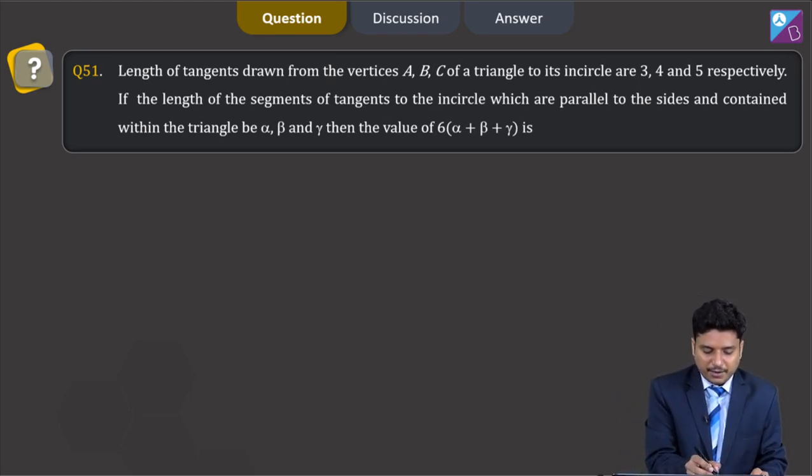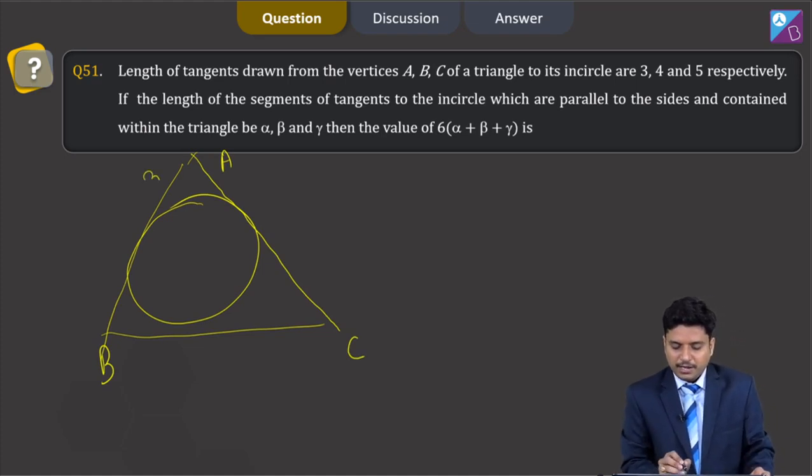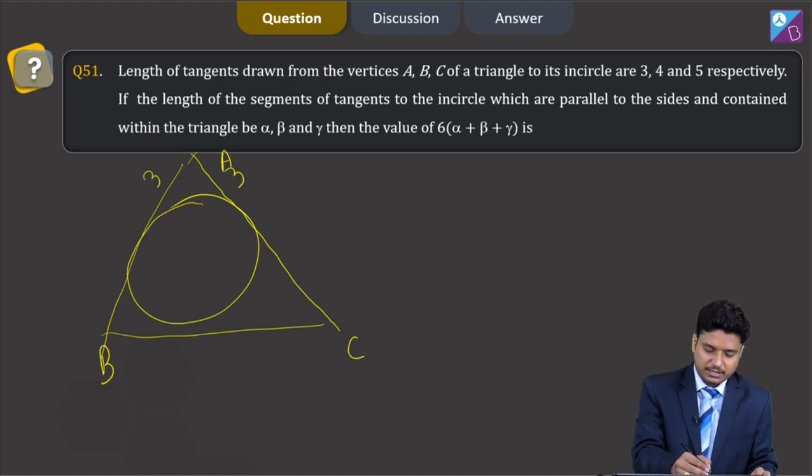So first of all I am drawing a triangle with its incircle. Suppose this is vertex A, this is B, this is C. From A length is 3 and 3, from B it is 4 and 4, and from C it is 5 and 5.